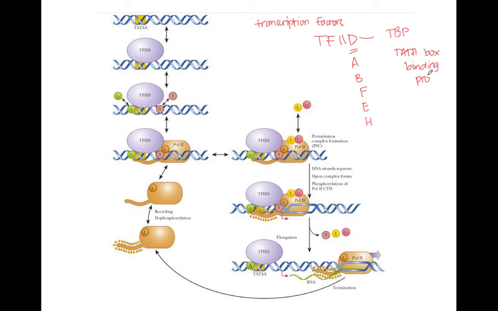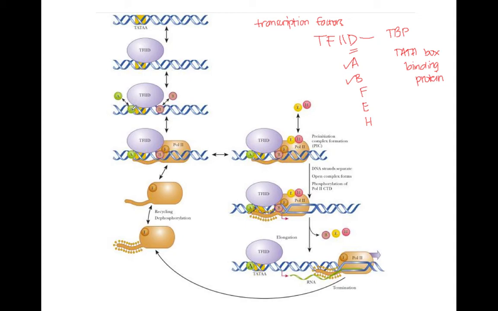So the Tata box binding protein recognizes the Tata box, obviously, and so it recruits TF2D there. TF2D next recruits TF2A and TF2B in no particular order. So it can be A first or B first, whichever, but the point is both of them are recruited on site.